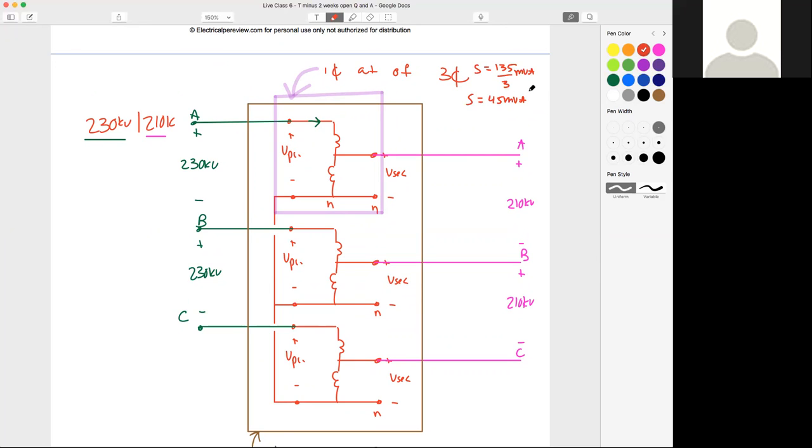And guess what? Now that we know the MVA and we know the voltage, could we calculate the current?